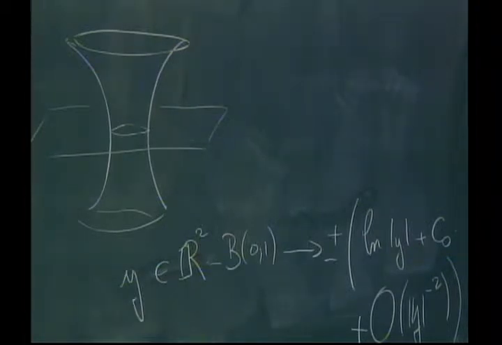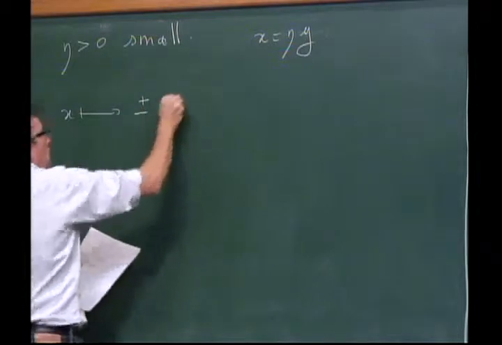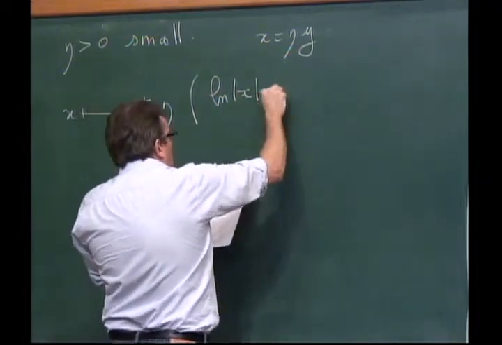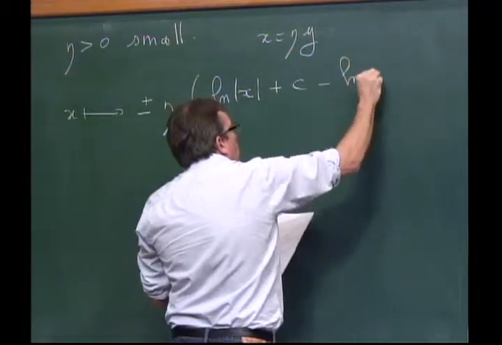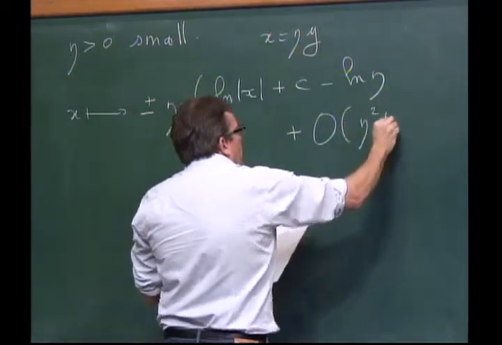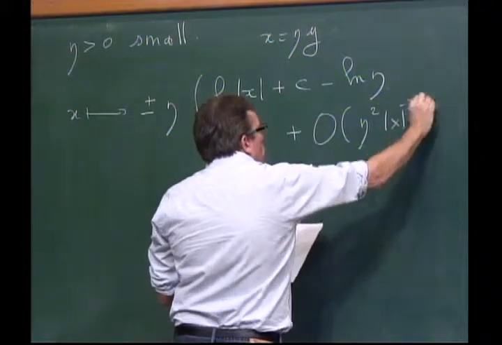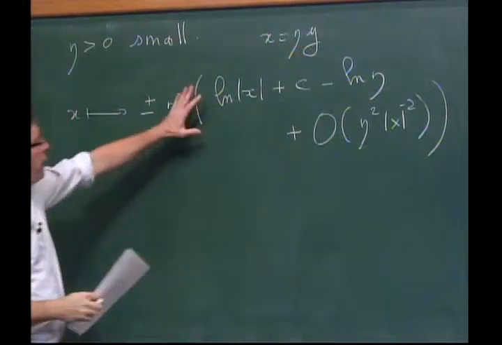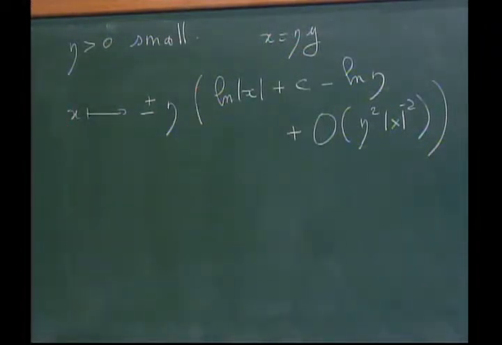What is important is to see the expansion of this bigraph: log of |x| plus c minus log of eta plus something which is in fact of order eta squared |x| to the minus 2. This expansion will play a very important role in all the constructions I'm talking about.